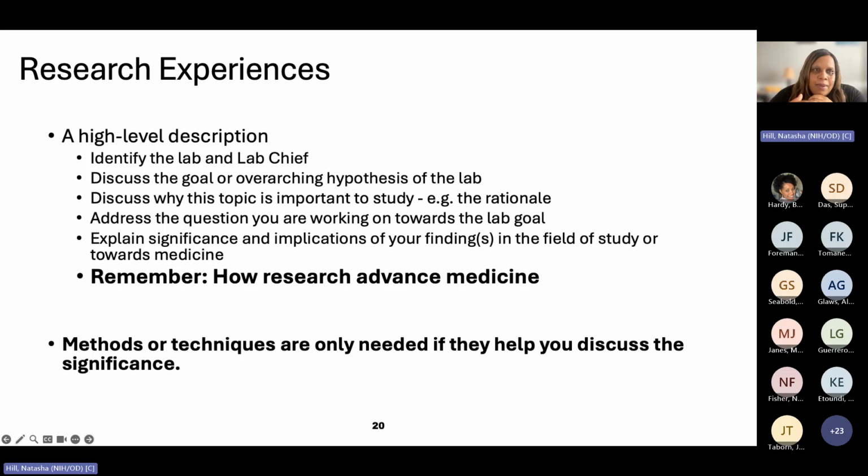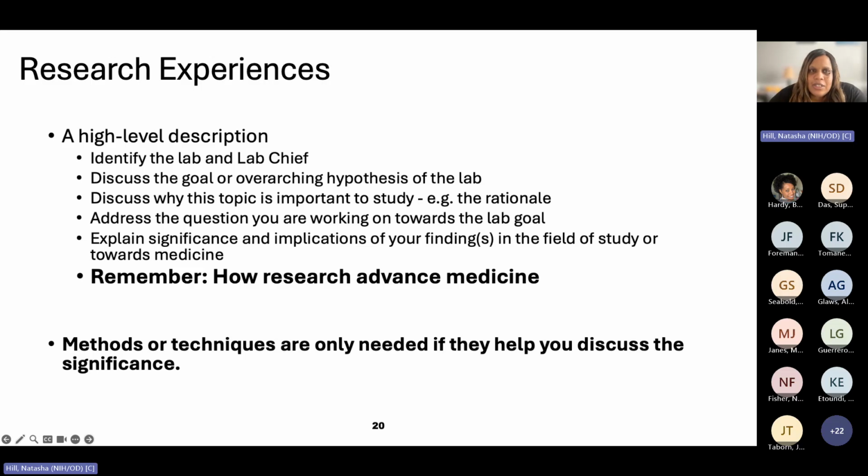Identify the lab, your PI, describe the overarching goal of the lab, and discuss the importance or rationale of that goal. Why is it important to do this field of research? Address the major questions or the work that you did towards this goal and tell us the significance.